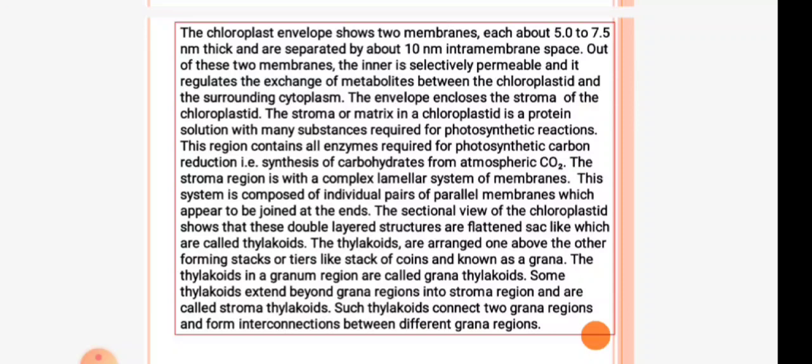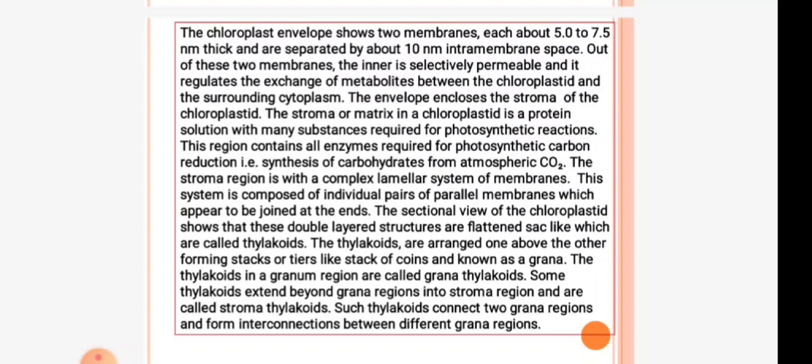This system is composed of individual pairs of parallel membranes which appear to be joined at the ends. The sectional view of the chloroplastid shows double layered structures, flattened sacs known as thylakoids. Thylakoids are arranged one above the other, forming stacks or tiers known as grana.